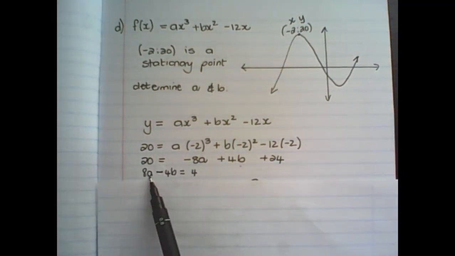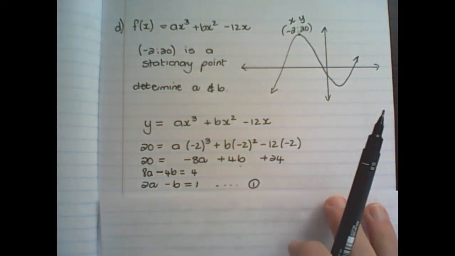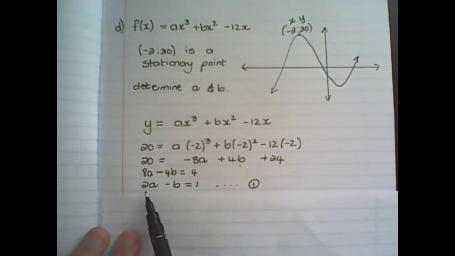So now if I put the variable terms on the left and the constant values on the right, I get 8a minus 4b is equal to 4. And I can divide everywhere by 4. So I have 2a minus b is equal to 1. That is now my first equation for a and b.